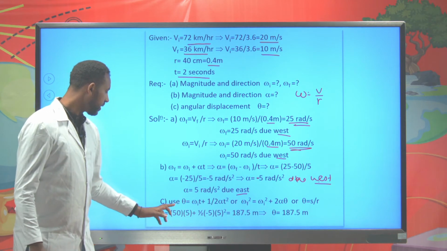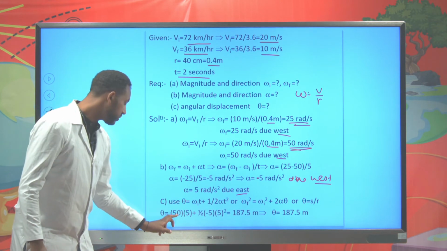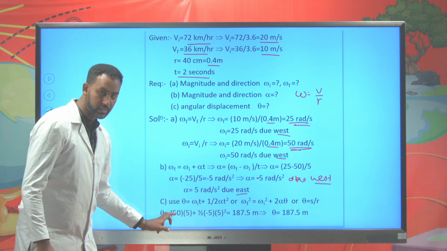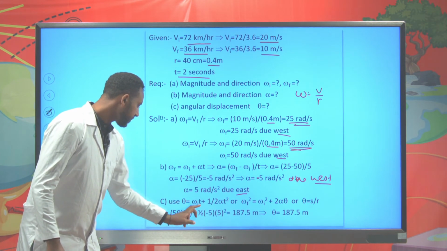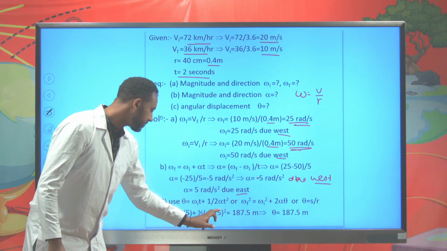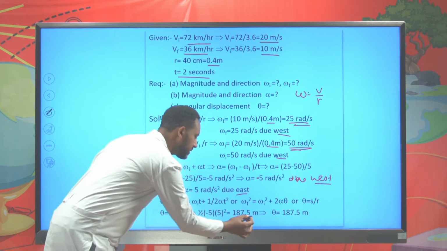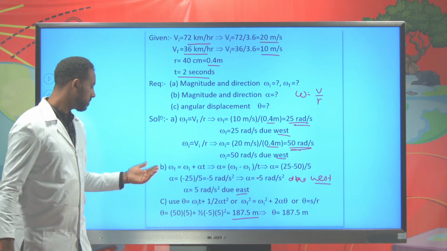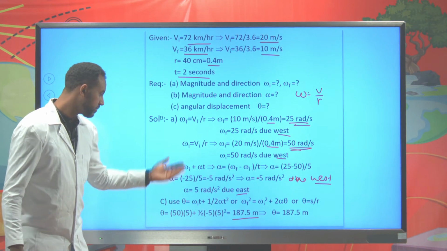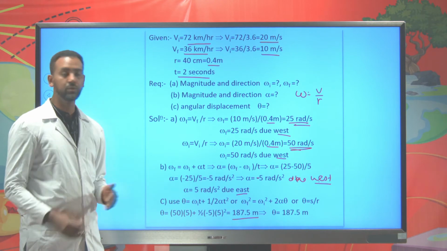Therefore, in our case, we have the initial angular velocity of 50 rad per second. The time it took is 5 seconds. So plus 1 over 2 times minus 5 times 5 squared gives you 187.5 rad.